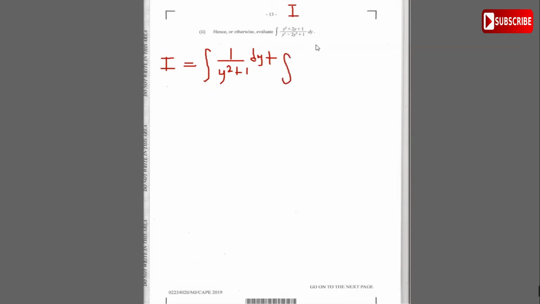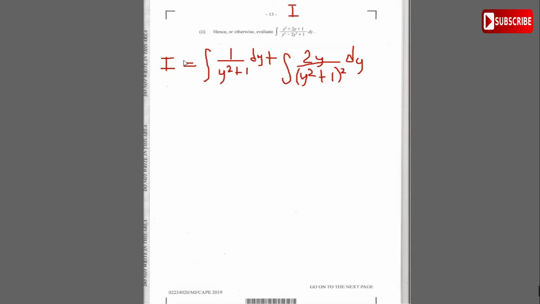what was the other piece we got? 2y over y squared plus 1 all squared dy. That was the other piece we had gotten. So if this is what we're going to be evaluating, then we may proceed to work this out now.